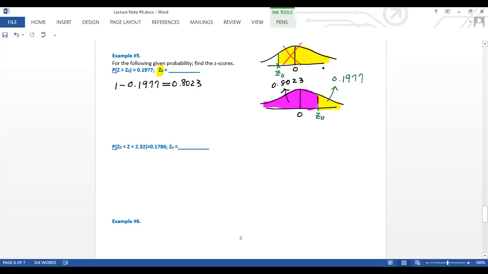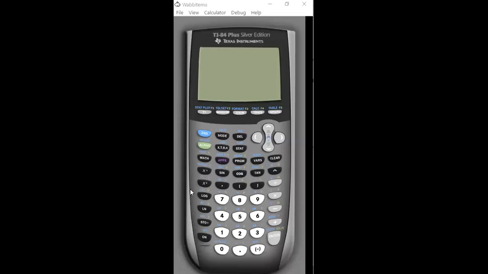Be very careful. Let's take a look at how to find it using the TI calculator. Turn it on and clear it. You still press second, DISTR, but instead of normal CDF, we go backward, so we choose inverse normal. The area, remember, is always to the left-hand side of your value.